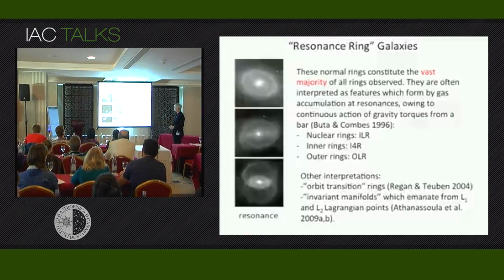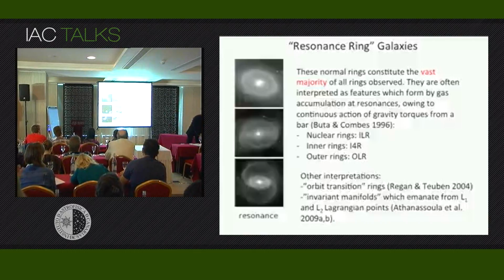When you think about a single resonance radius, that's the epicyclic approximation. That's the weak bar approximation. But if the bar is strong, you don't just get a resonance radius, you get a resonance region, a broader region. And the concept of a resonance kind of breaks down. So Regan and Teuben prefer to call these orbit transition rings, where the orbits are changing orientation.